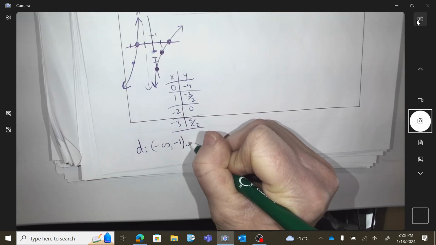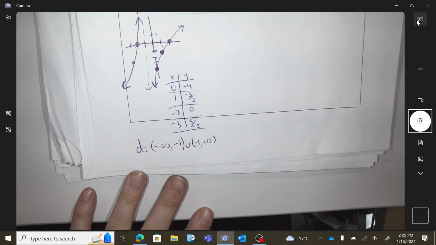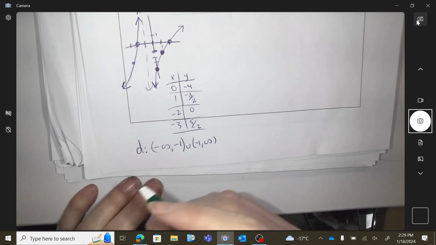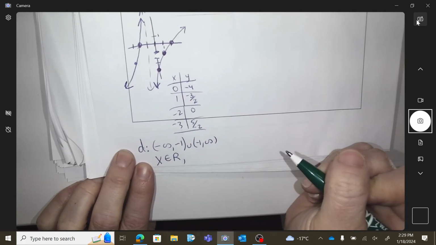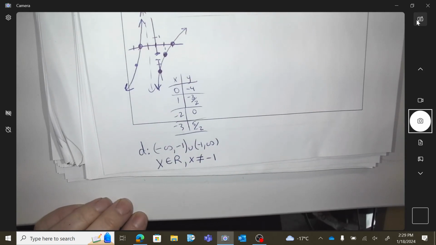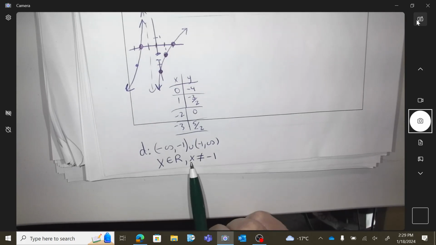Then you can jump to the other side of it and keep going. Another way to write that is x can be anything except -1.